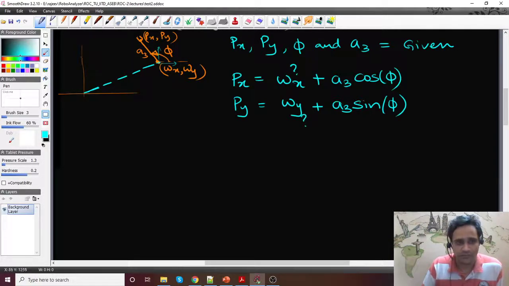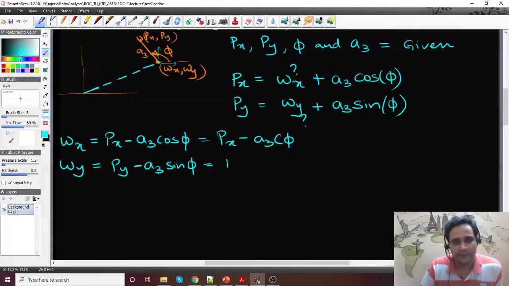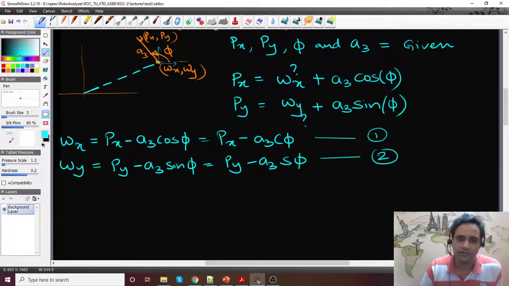So we can write wx is equal to px minus a3 cos phi, and wy is equal to py minus a3 sine phi. Let me call these equation 1 and equation 2. So after this we have the values of wx and wy.